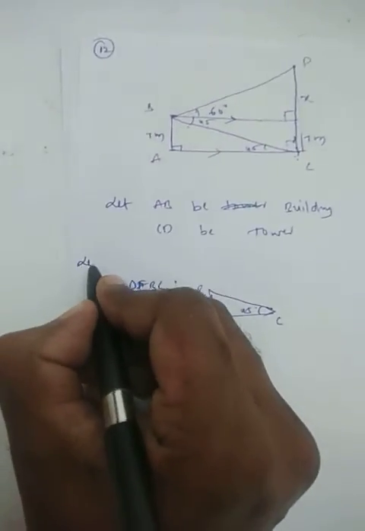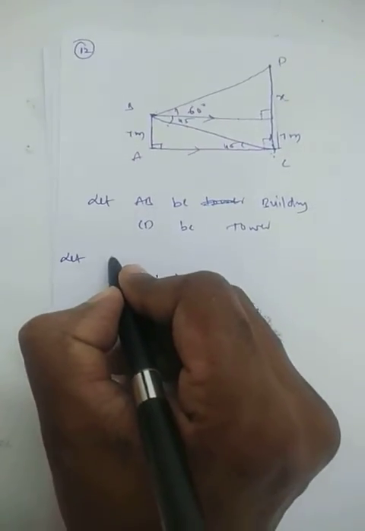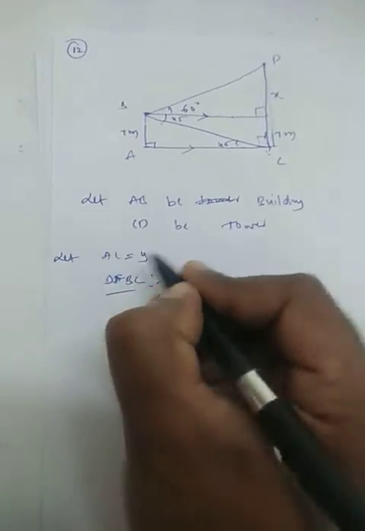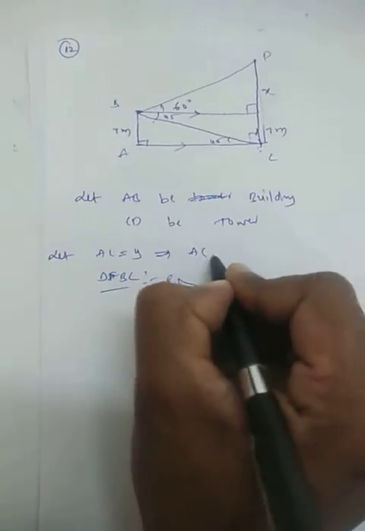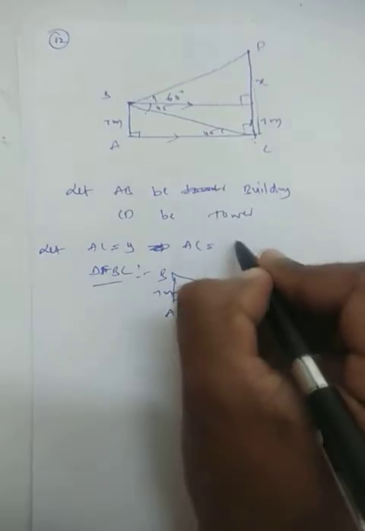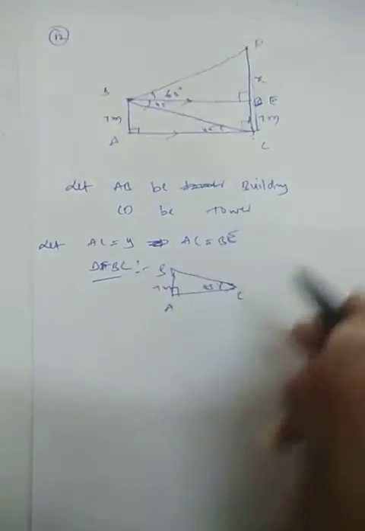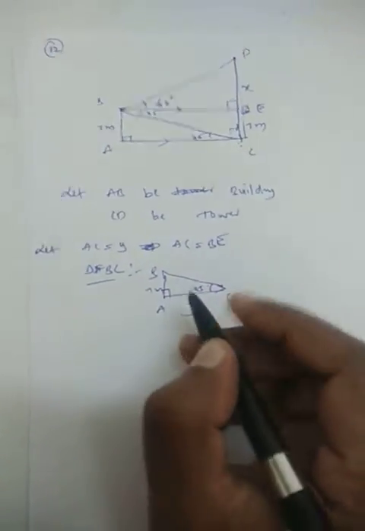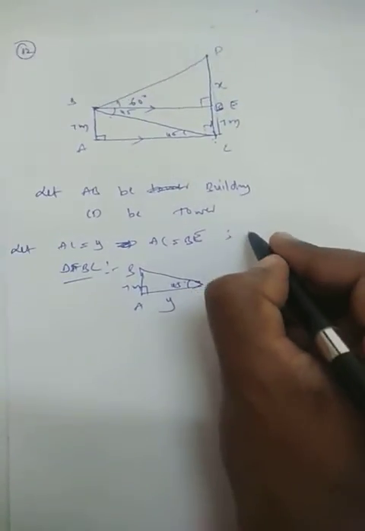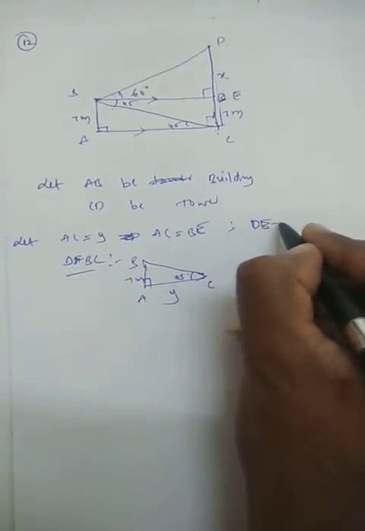Here, let AC be equal to y, and let us take this point as E. AC is equal to BE, so I am taking it as y, and CD is equal to x, which I have taken.